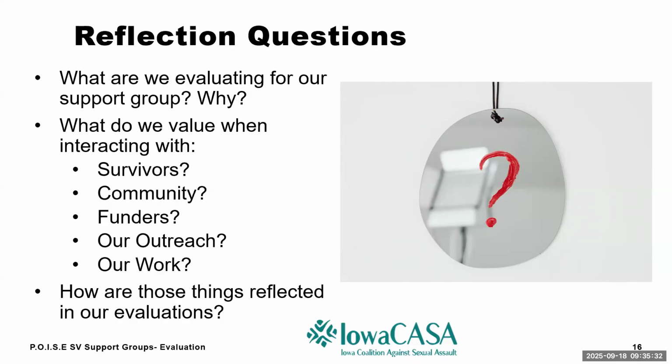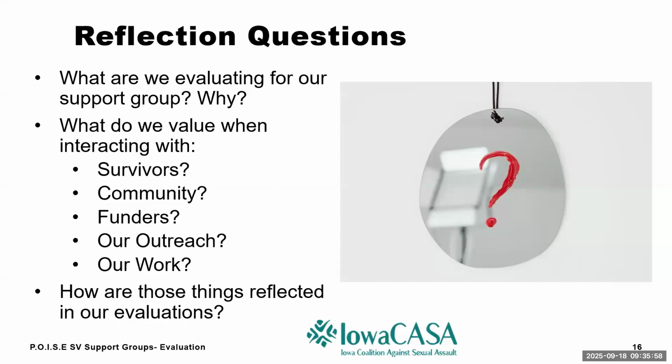Along those same lines, who we value is also reflected in our evaluations, right? So that comes to the language that we're using, where and when we do our evaluations, who even conducts our evaluations. And these are all the outward demonstrations of what our program values. If we value funding, that will be evident in how, who, and why we evaluate.